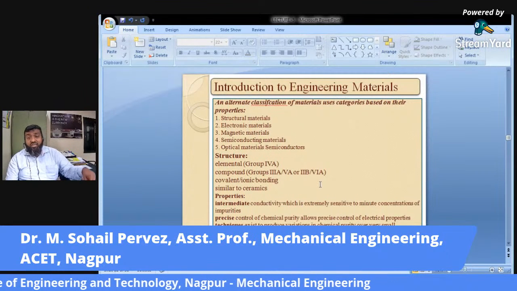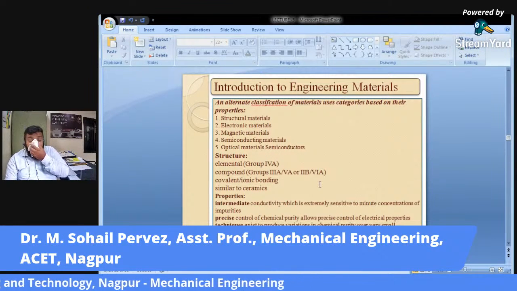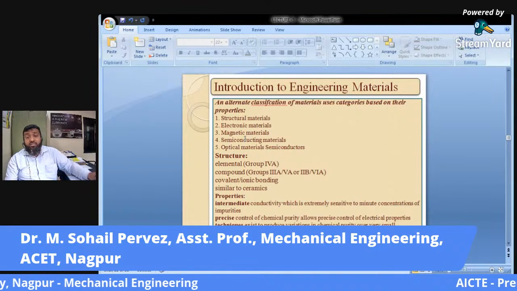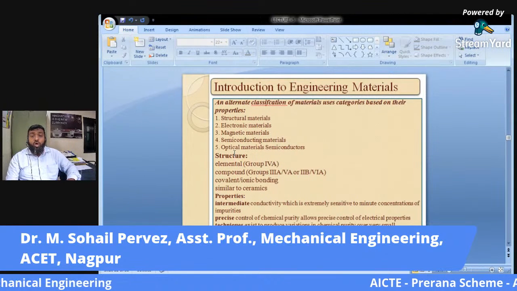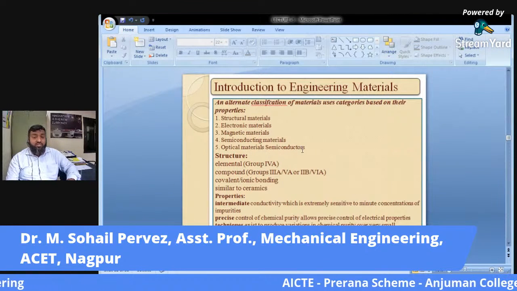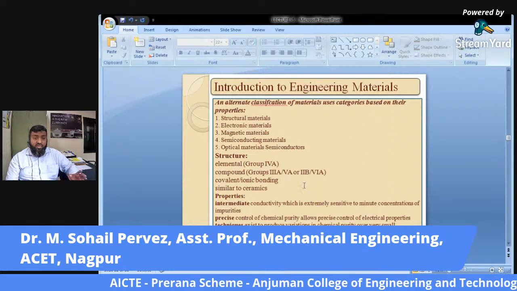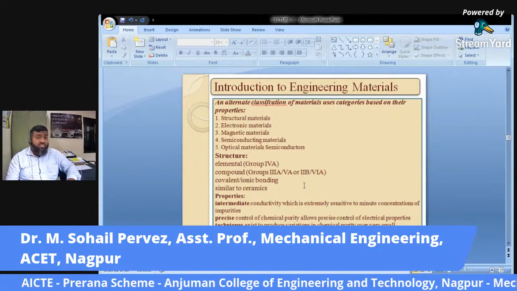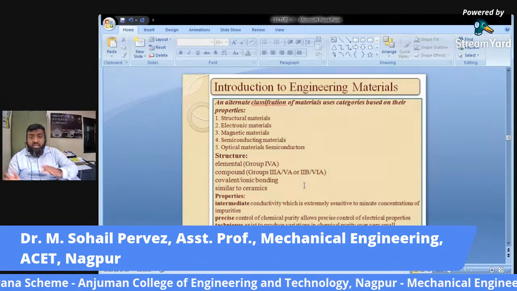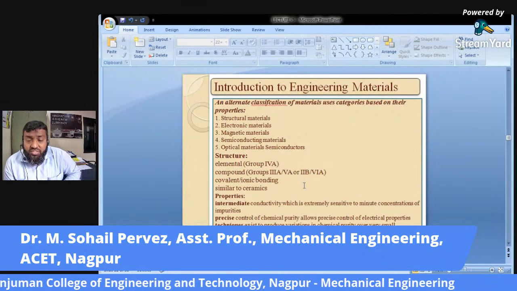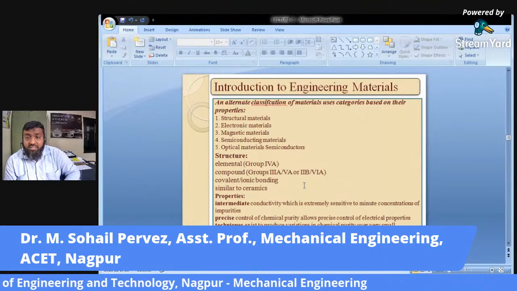Number 3 is a magnetic material. Number 4 is semiconductors, optical materials or semiconductors. Now, as far as our syllabus is concerned, we are much interested in the classification based on properties.